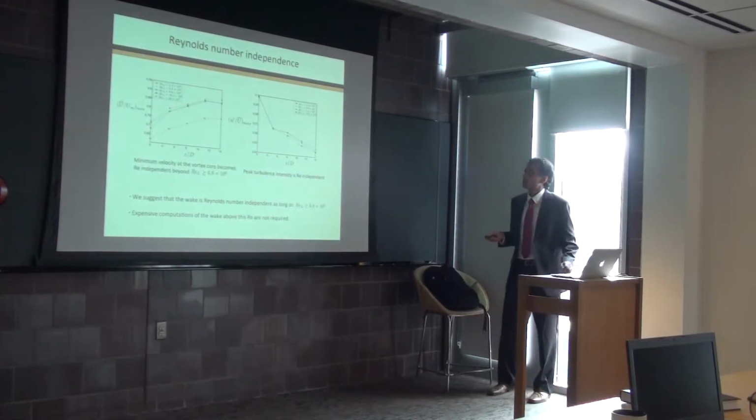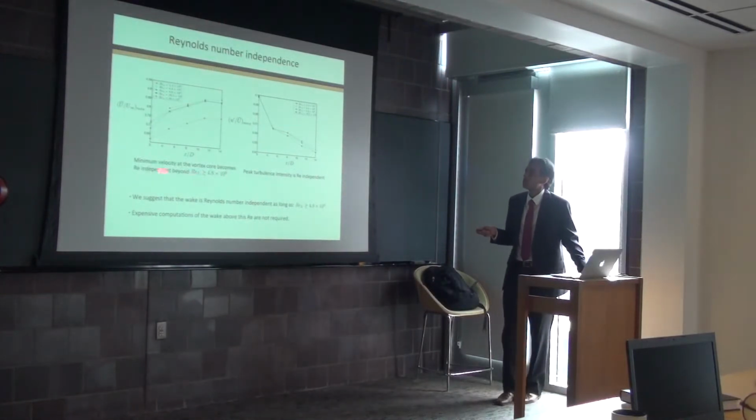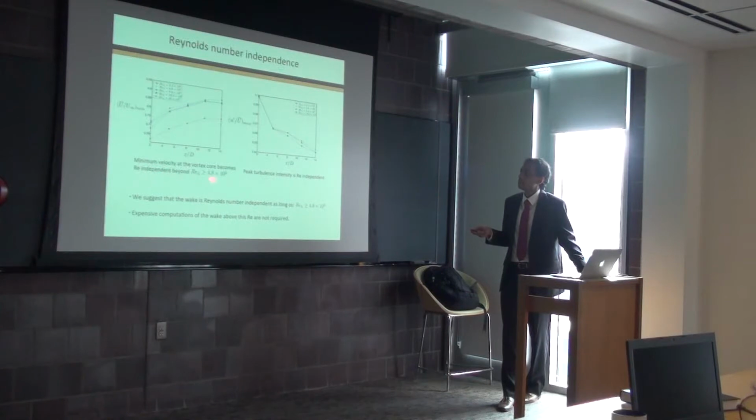So I mentioned Reynolds number independence. If we look at the minimum velocity at the vortex core, it becomes Reynolds number independent beyond about 4.8 million. So we can see the 2.4 million case here, deviating considerably. The other cases seem to agree. The same for the peak streamwise turbulence intensity, which seems to collapse rather well also.